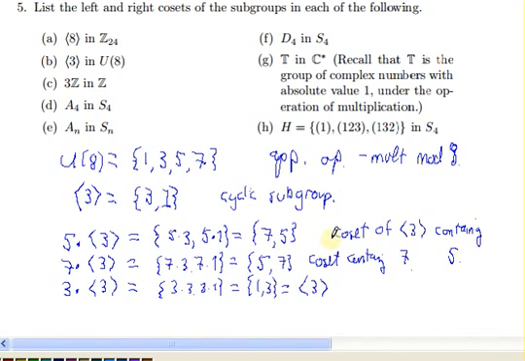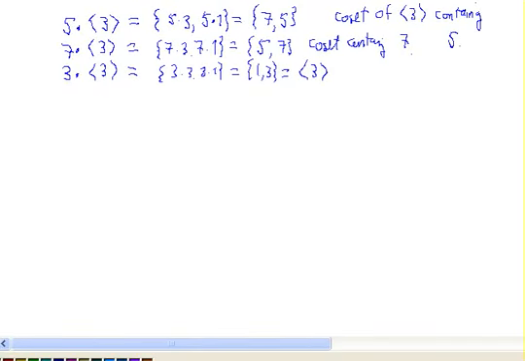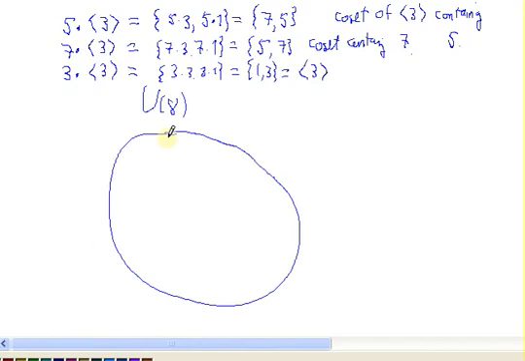Okay. So the situation here is as follows. My entire group U8 contains the points 1, 3, 5, and 7. Now notice that angle brackets 3 itself is the upper half of this set.